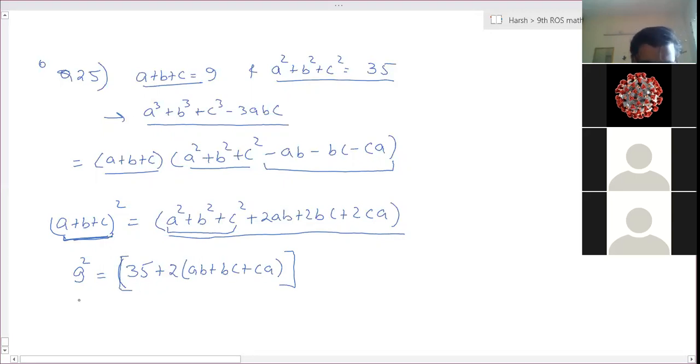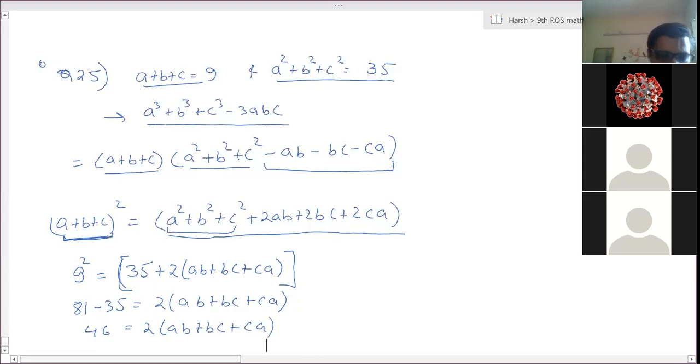Let's do it. So 9 square is 81. 35 will go the other side, so 81 minus 35. This will be 2 times AB plus BC plus CA. So 81 minus 35 is 46. 46 is equal to 2 times AB plus BC plus CA.